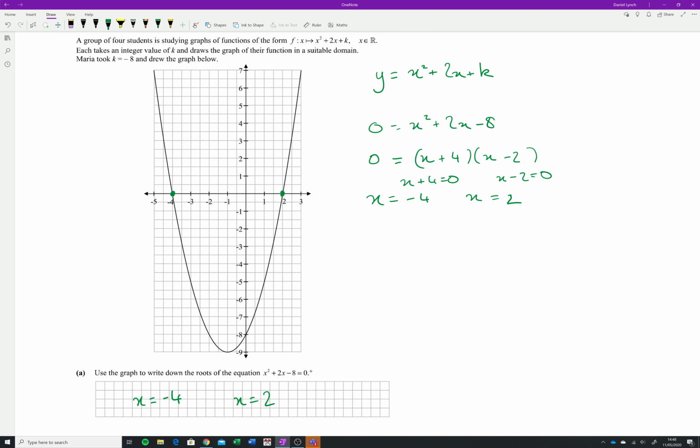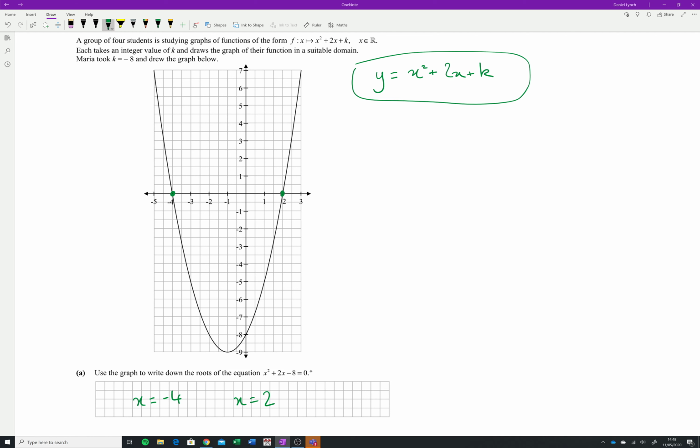Okay. Speaking of crossing axes, just something to point out that's probably going to become relevant: if this is our equation here, plus k, where something crosses the y-axis, you would be quite sure that the x value would be 0.